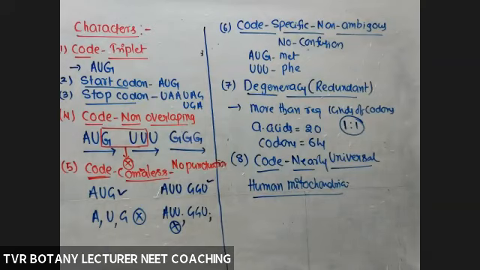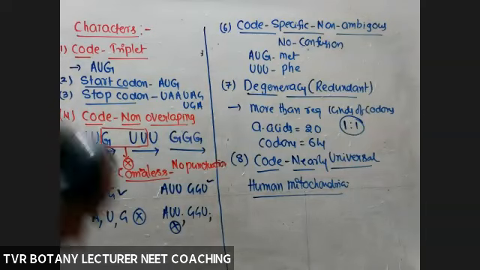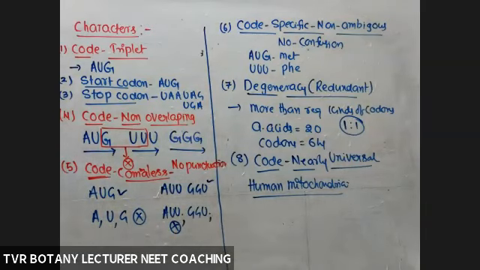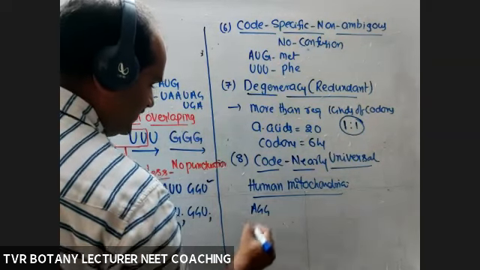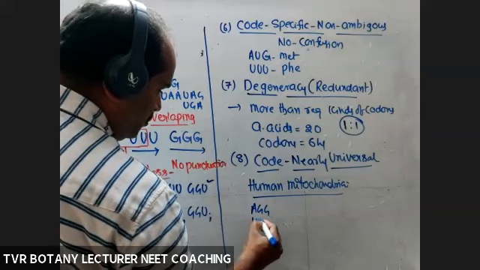What are the examples for that? So few examples I will give you. So one is AGG. Check AGG. Next, UGA.